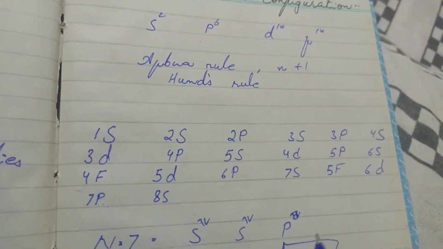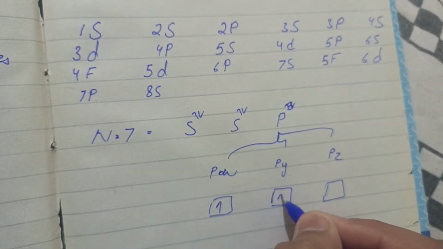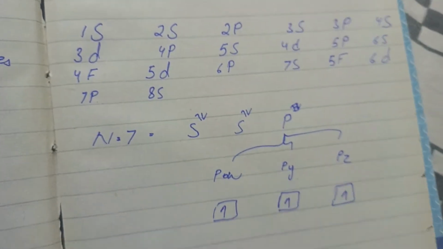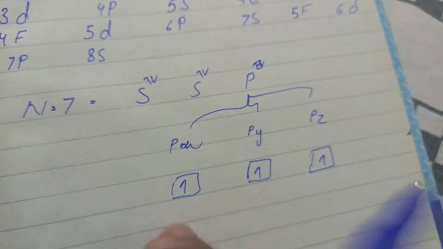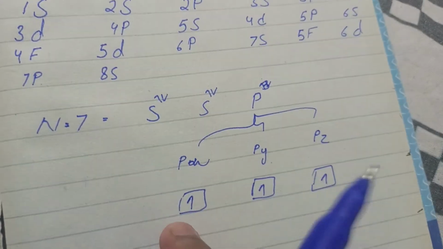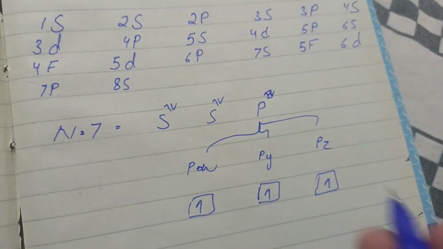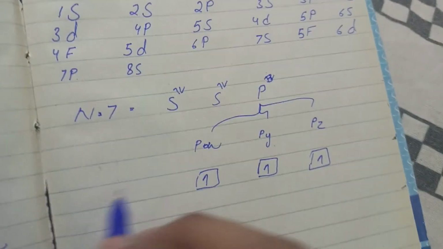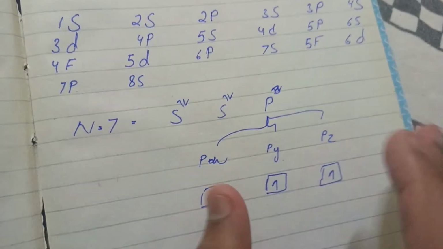Hund's rule says that firstly give 1 electron to each of them, with the same spin, then start the pairing. Otherwise it is not possible.